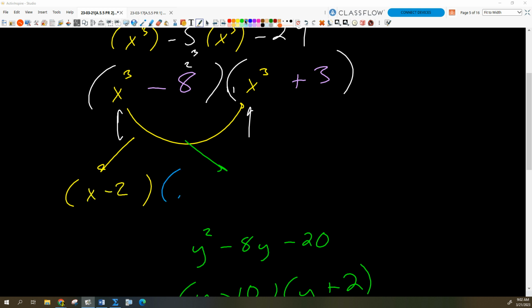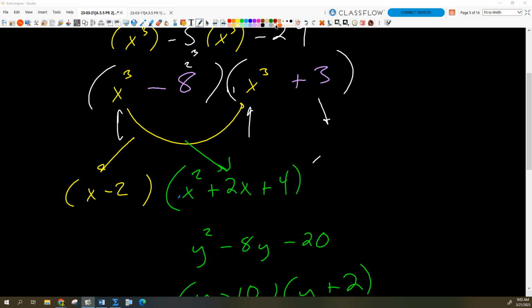What's going to be the quadratic factor that we get? x squared, right? x squared plus 2x. Plus what? You guys should know this. Plus 4, plus 2 squared, right?